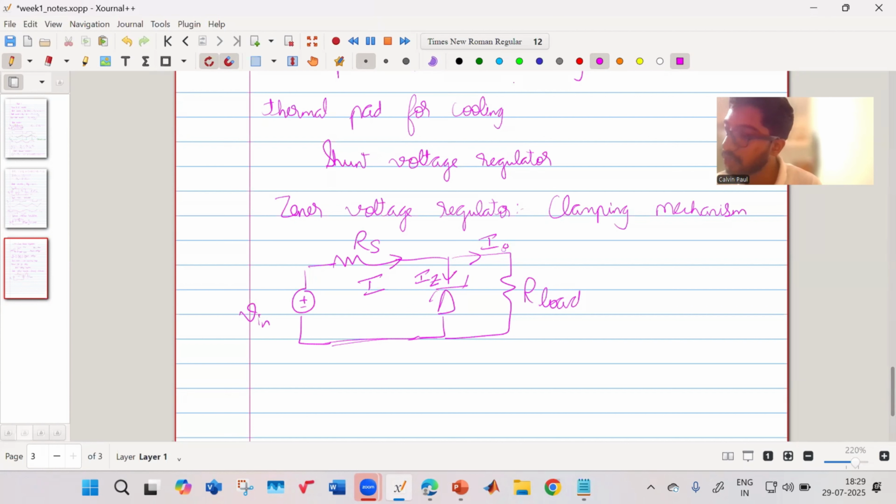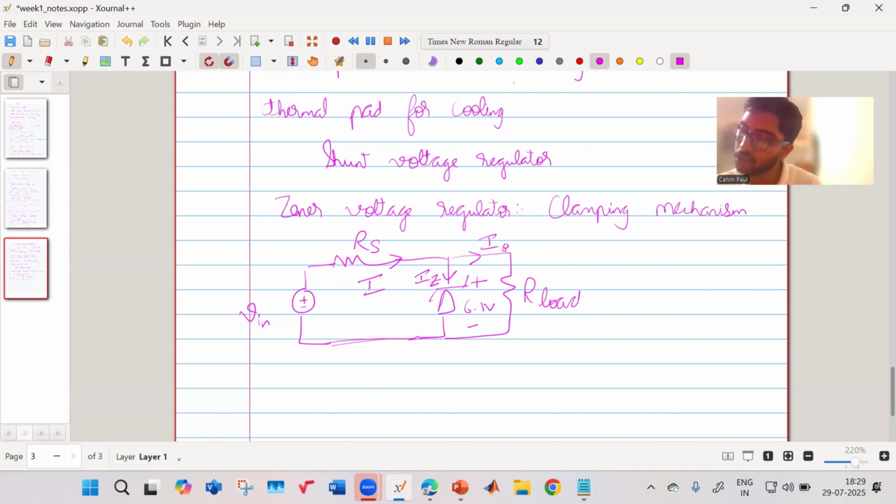Okay. So now what it does is the extra current will flow to the Zener diode. And it will have some voltage. Let us say it is like 6.1 volt or something. It will maintain that voltage of around 6.1 volt. But there are certain minimum and maximum currents which are required for that.